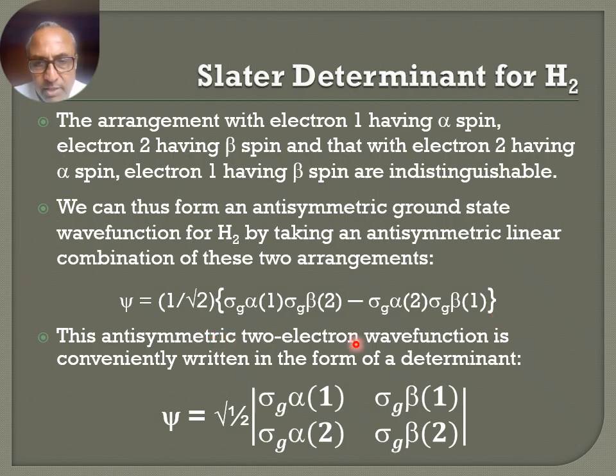This antisymmetric 2 electron wave function is conveniently written in the form of a Slater determinant. That is psi equals 1 upon root 2, the determinant of psi g alpha 1, psi g beta 1, psi g alpha 2, psi g beta 2.